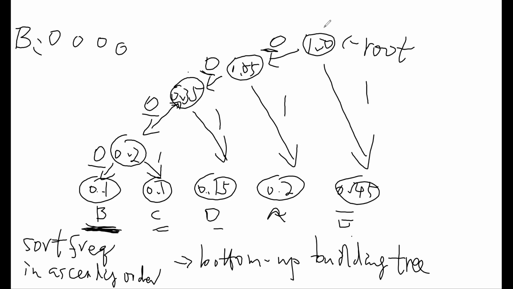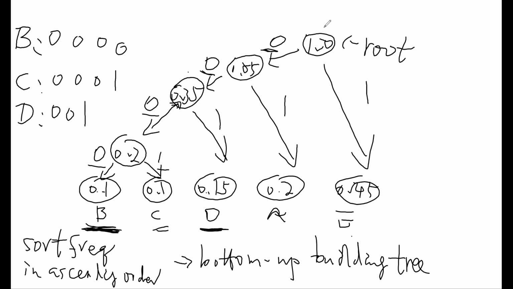You finish, you find B. And then let's see C. For C, from the root, it's 0, 0, 0, 1. And then let's see D. For D, it's 0, 0, 1.